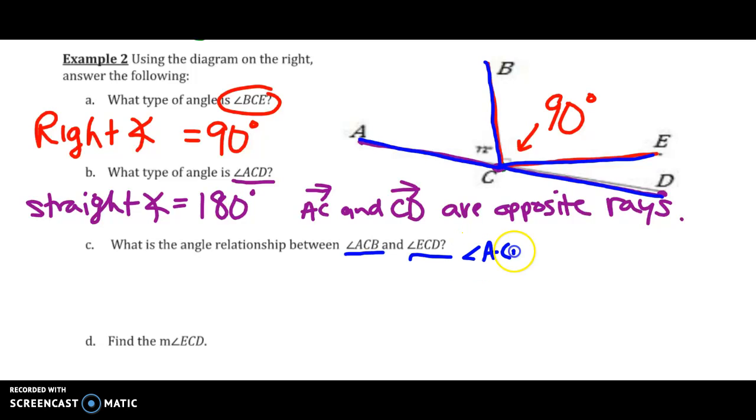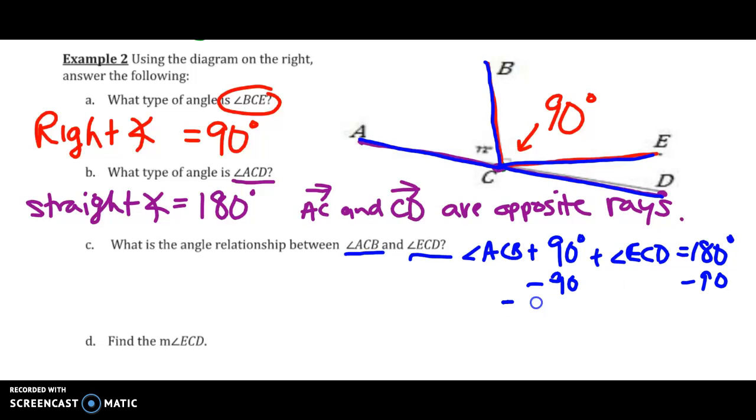So ACB plus your 90 degree angle plus angle ECD has to add to 180 because they're angles forming a line, or they form a straight angle, and those sums are 180. But we already have 90 degrees. So if we subtract that 90 degrees from both sides, we get that angle ACB plus angle ECD has to be 90.